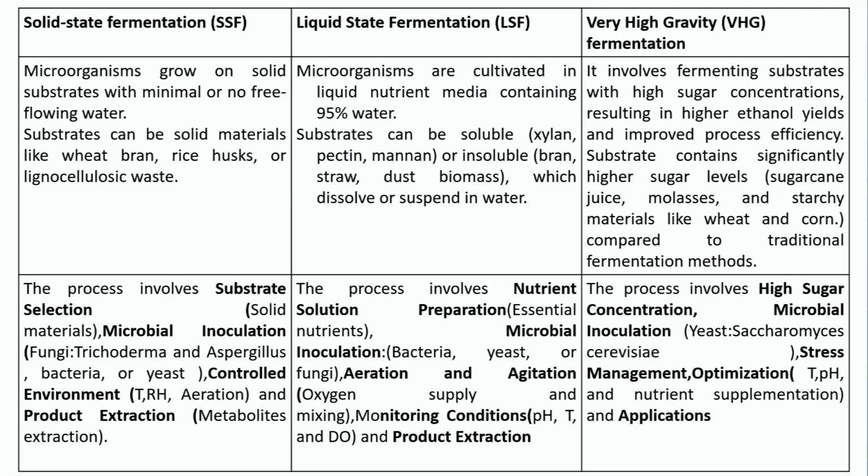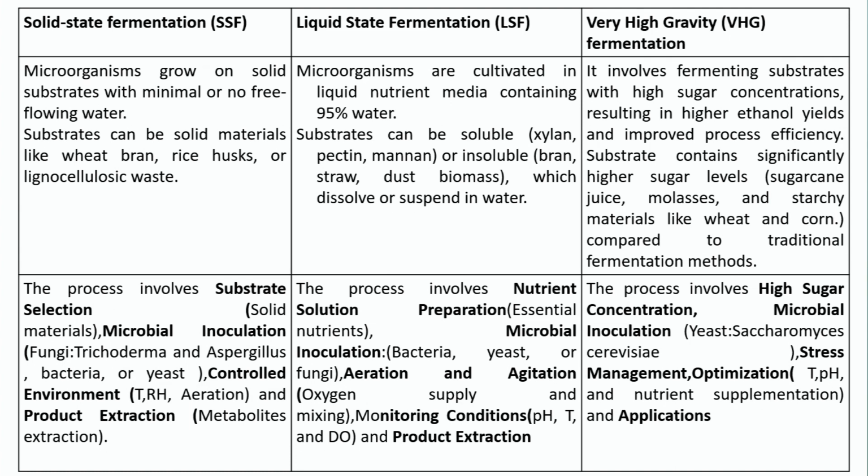So when I am talking about these 3 different modes of fermentation, whether it is solid state, liquid state or very high gravity fermentation, I was giving emphasis that the substrate is always going to be different. If you think about solid state fermentation, definitely it is solid material like maybe wheat bran, rice husk or any lignocellulosic waste material.